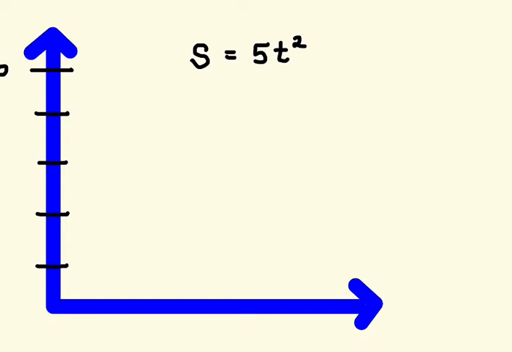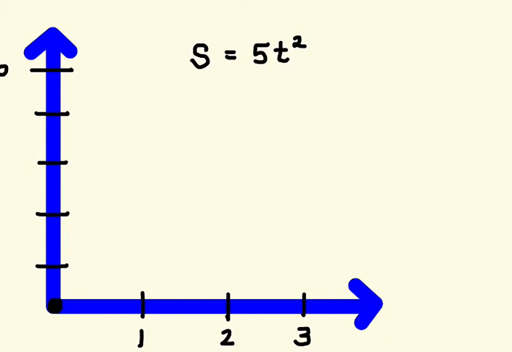At the bottom I'll have time 1, time 2, time 3. We're not on the same scale here. This is 1 second, 2 seconds, 3 seconds. Gravity makes things move pretty quickly, right? My first point: at time 0, we've moved 0.